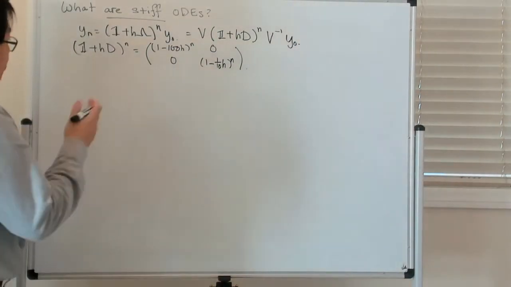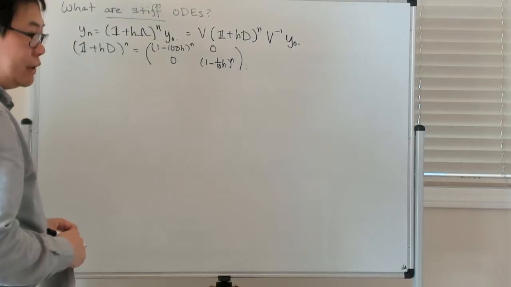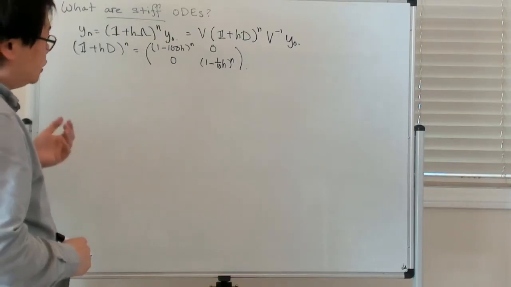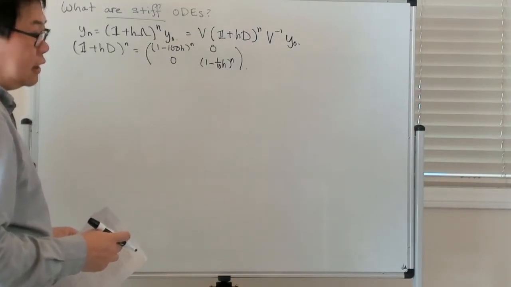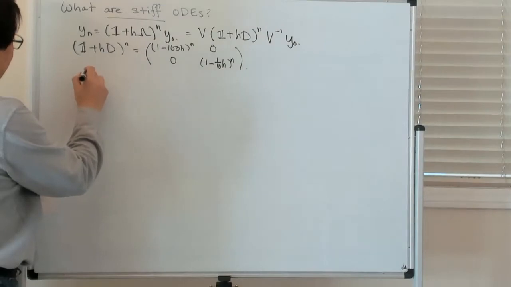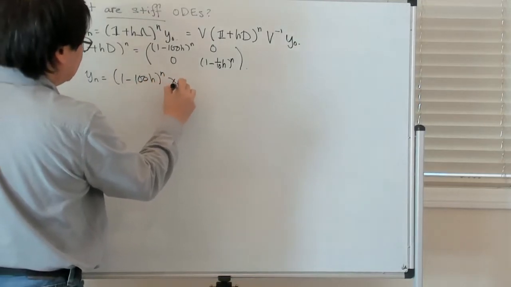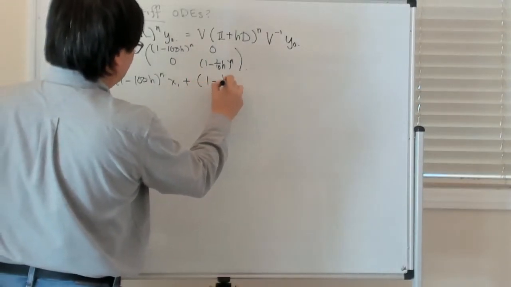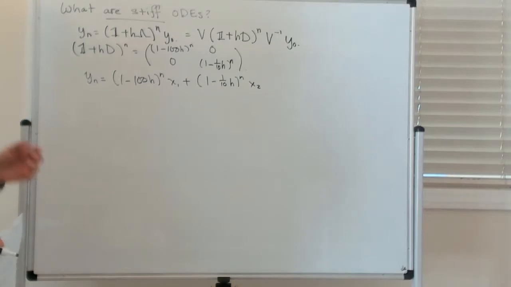The same way that we could use the spectral factorization of the coefficient matrix lambda to write down the general solution in terms of e to the minus 100t times x1 plus e to the minus 1/10 t times x2, we can do the same thing here, and that gives you that y_n is equal to 1 minus 100h to the nth power times x1 plus 1 minus 1/10 h to the nth power times x2, where the x1 and x2 are the same as the ones in the continuous form of the solution.